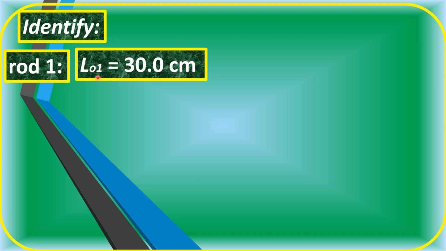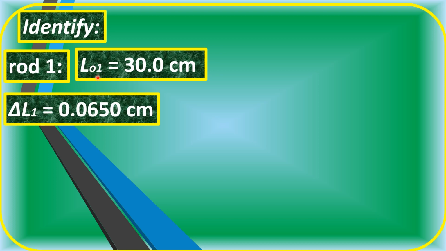When heated and had a temperature change of 100.0 Celsius degrees, rod 1 changed its length, delta L sub 1, by 0.0650 centimeters.